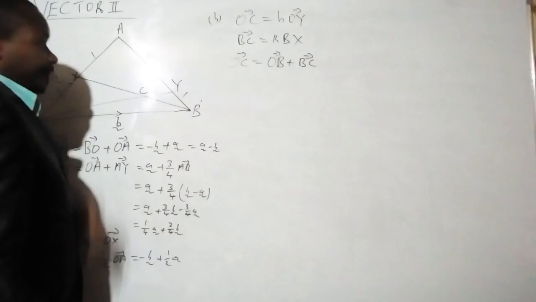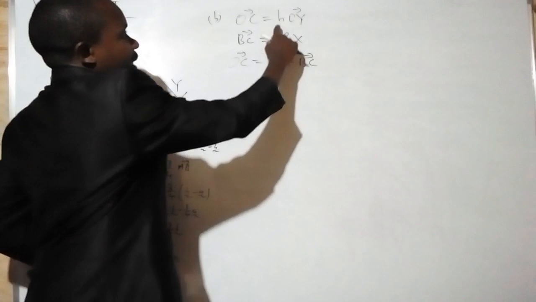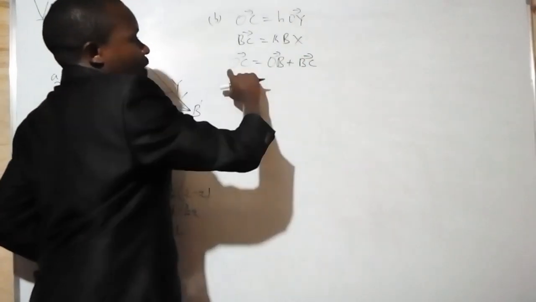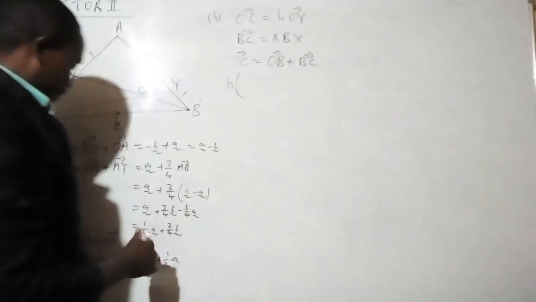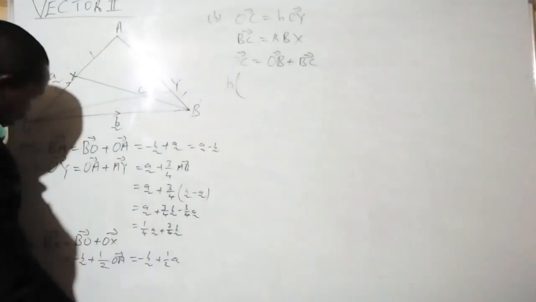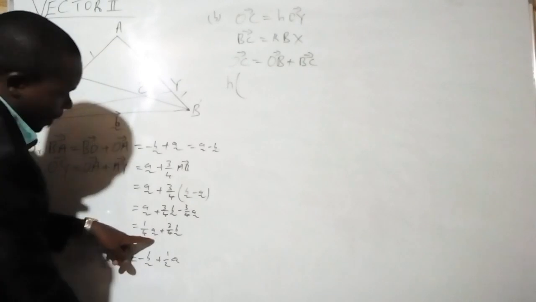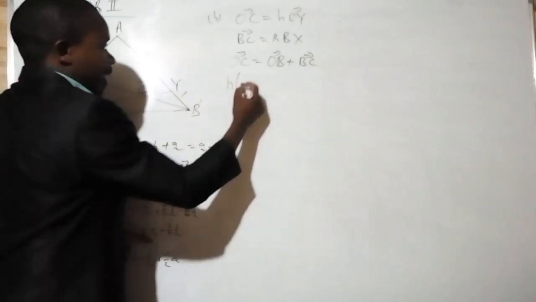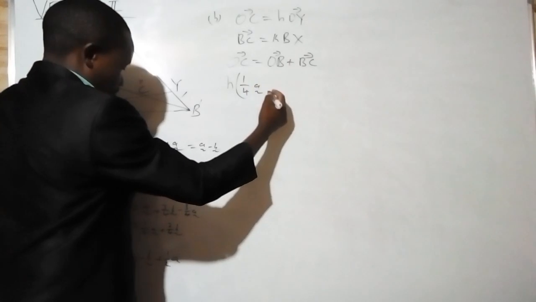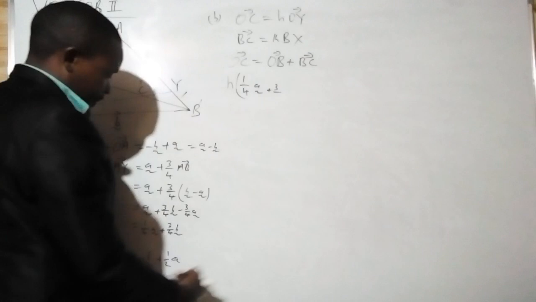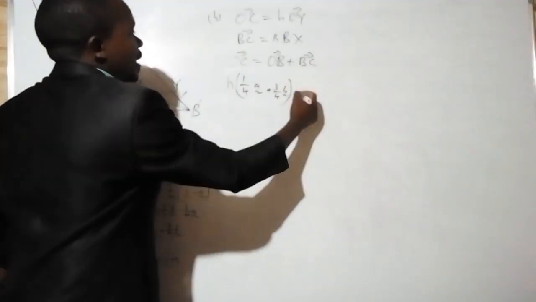Then you've been told that OC is H of OY. You substitute where you have OC with H. But what is your OY? You come here. We have solved that. This is our OY. You open the bracket and say a quarter vector A plus 3 over 4 vector B, like that. What of OB?